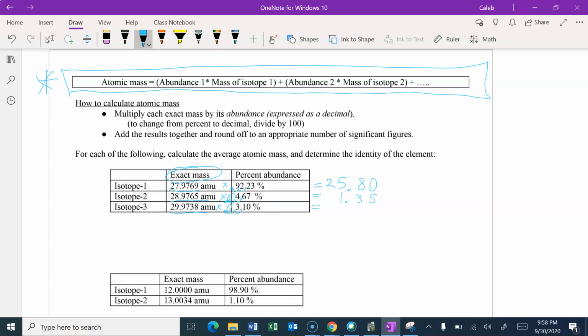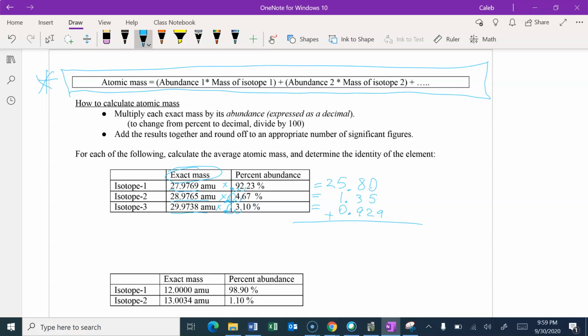This one is 3 sig figs, and I would get 0.929. All right, so we multiplied each of them, abundance times mass, and abundance times mass. Now we're just going to add those answers together.